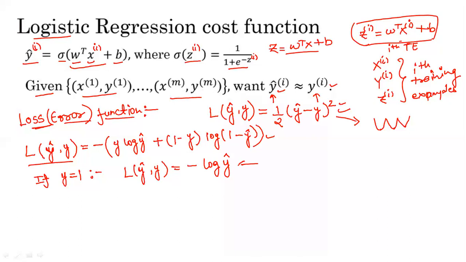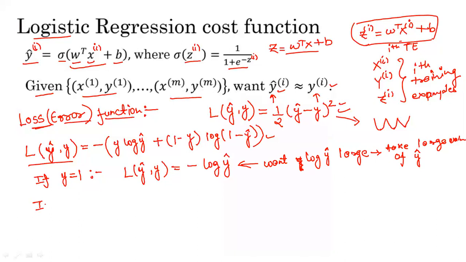So we want log of y hat to be large enough, and for this we will take a large value of y hat. This is the thing we will do if we have the value of y equal to 1.